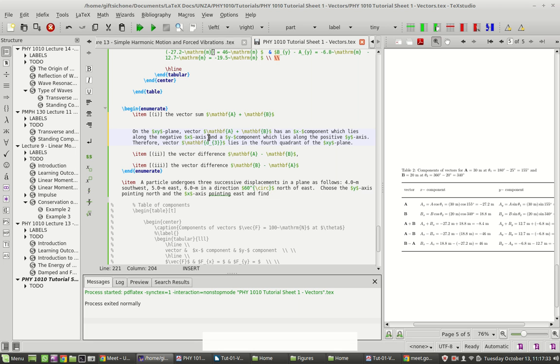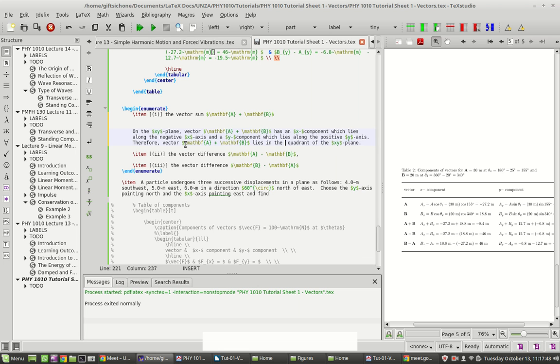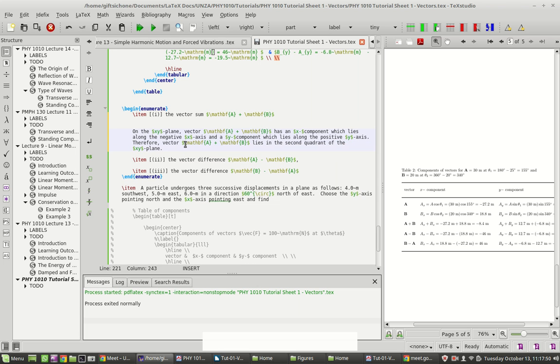Therefore, vector a plus b lies in the second quadrant of the xy plane. So that's how you find out where the vector actually lies. You have to look at the components, where they lie.